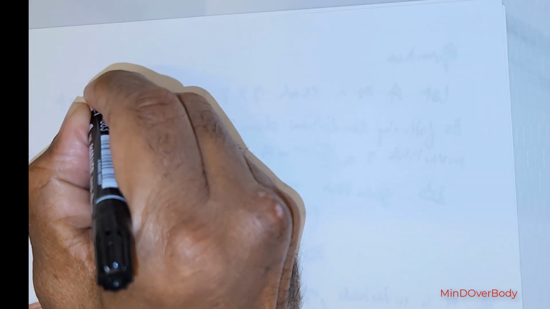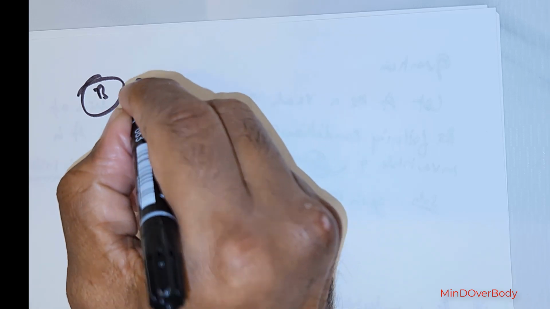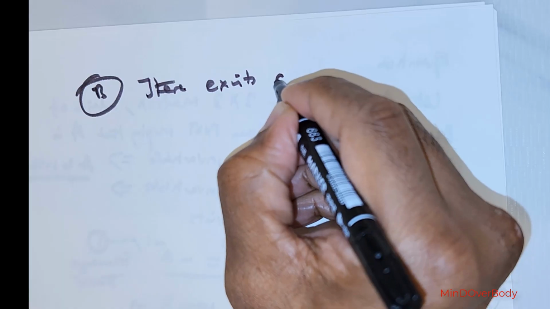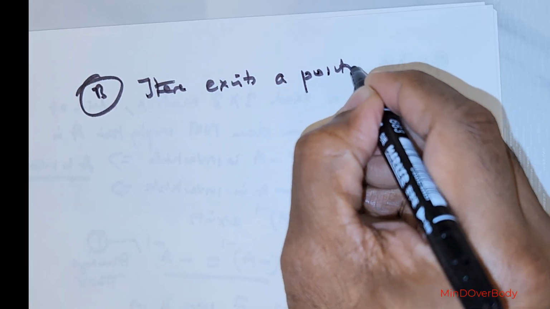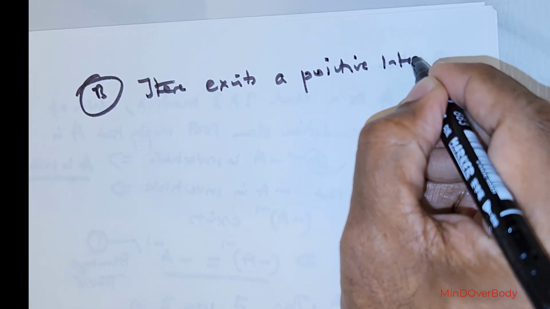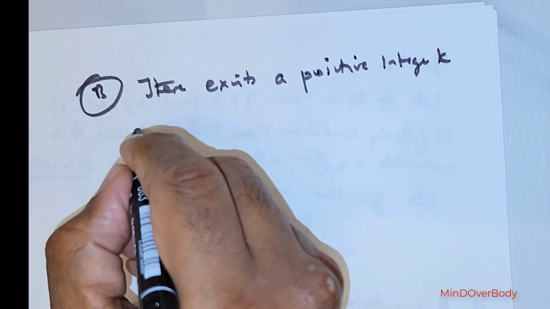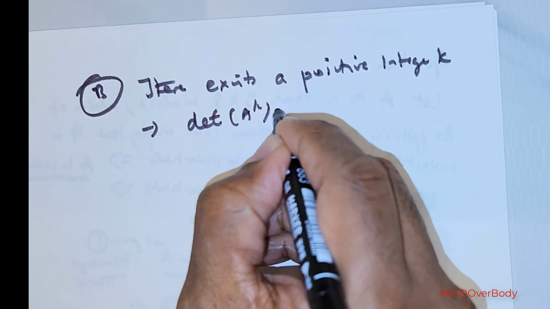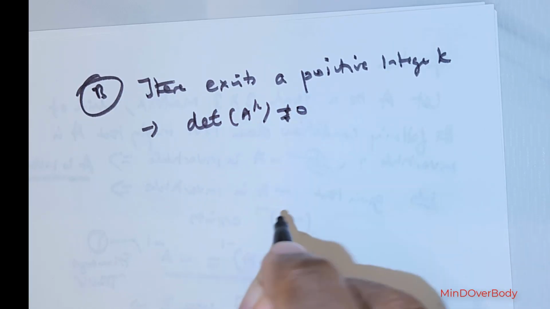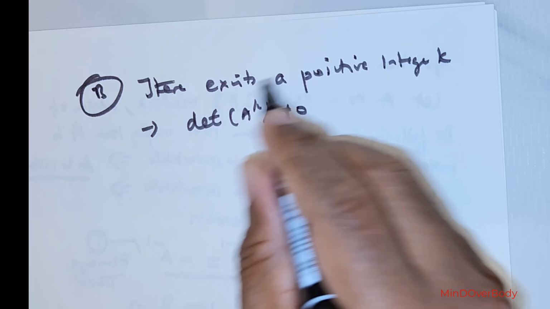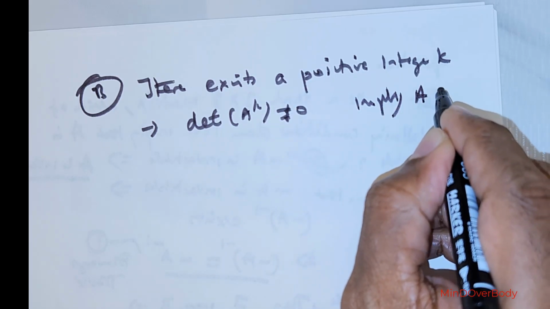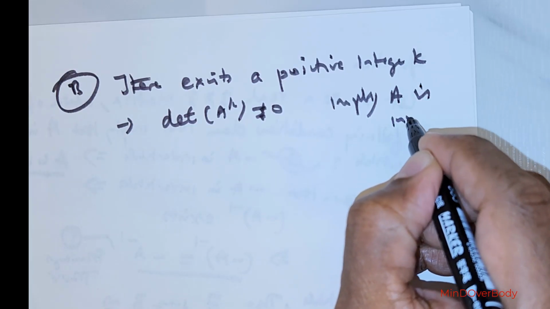Now this is the second statement, B. It says that there exists a positive integer k such that determinant of A raised to the power of k is not equal to 0. Now the question is, does this imply A is invertible?